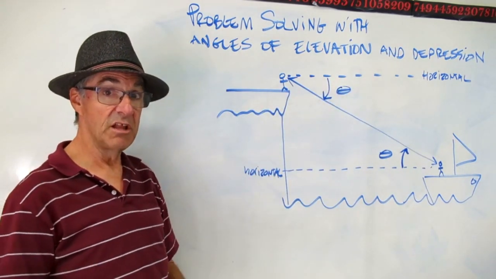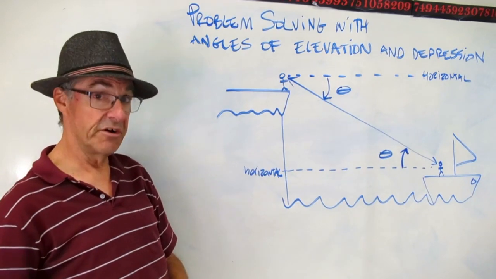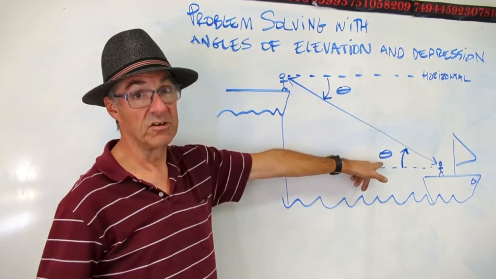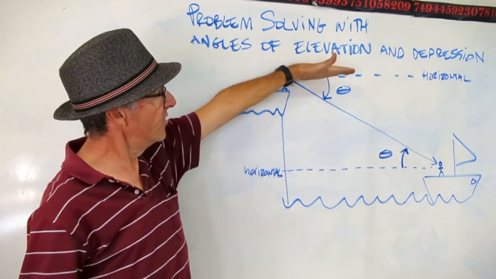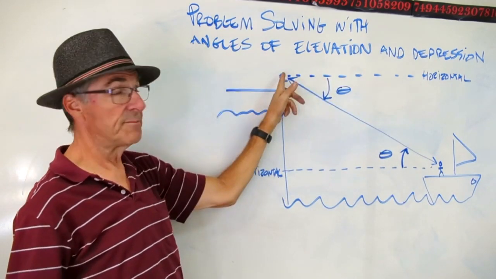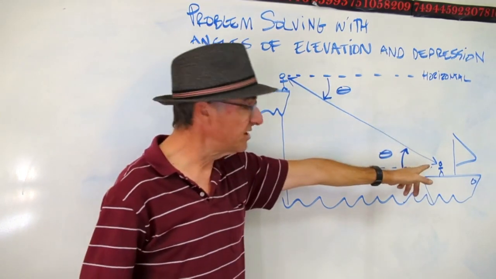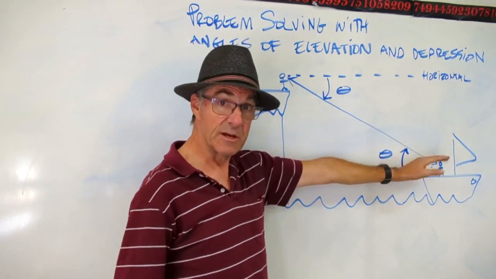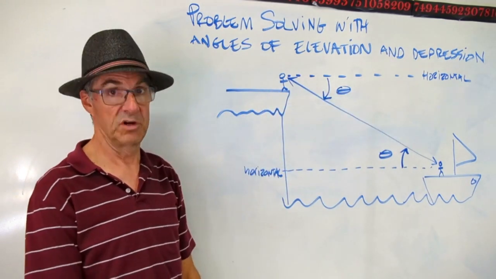And when you have parallel lines, the alternate interior angles are equal. So this angle equals that angle. So whatever you find for the angle of depression for someone above looking down at something, that's the same as the angle of elevation from someone down at that something looking up at the first person.